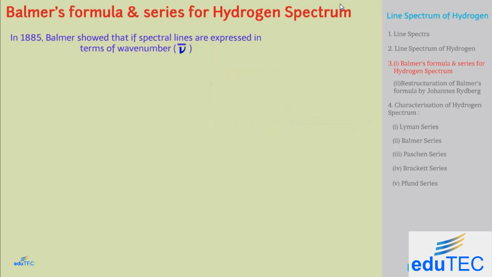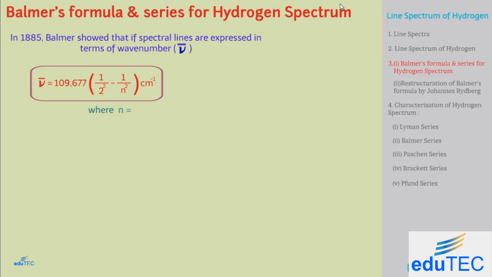then the visible lines of hydrogen spectrum obey the formula nu bar equals 109677 into bracket 1 upon 2 square minus 1 by n square per centimeter, where n equals 3, 4, 5 and so on.